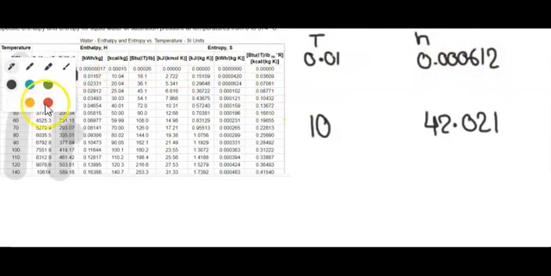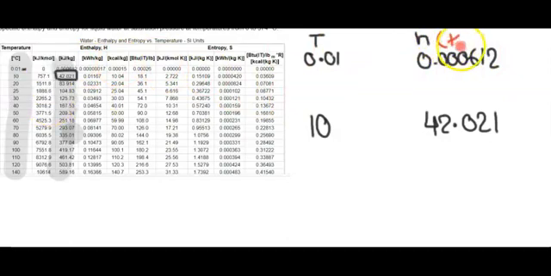The unit here is kilojoules per kilogram. Okay, so I can multiply by 1000 if I want to, I don't need to. So what does it mean? It means for 10 degree, this not exactly 10.